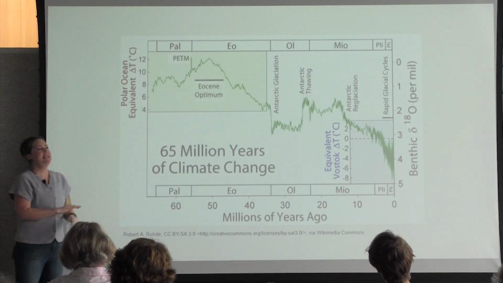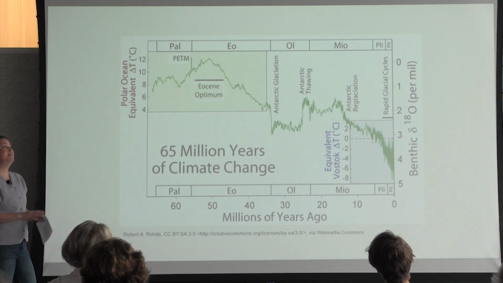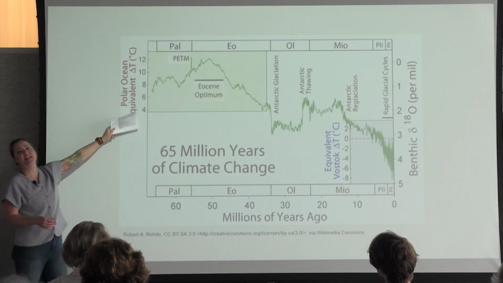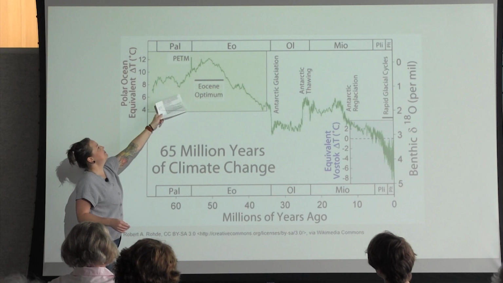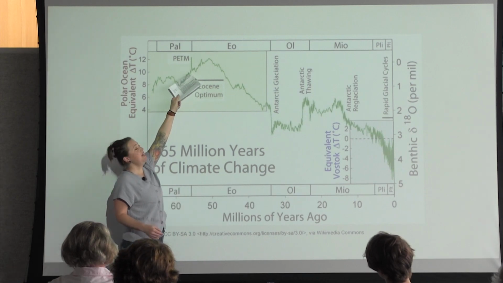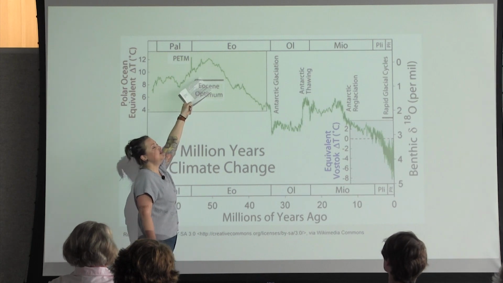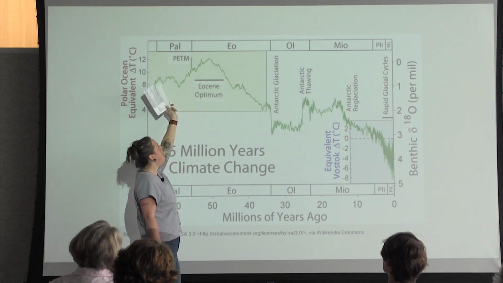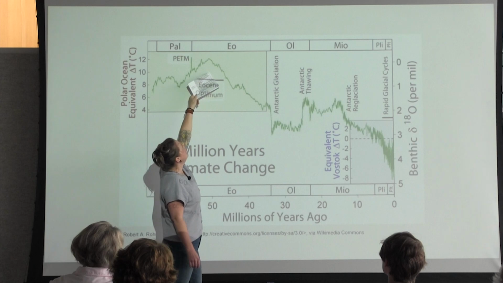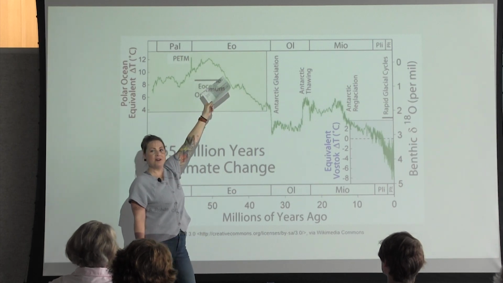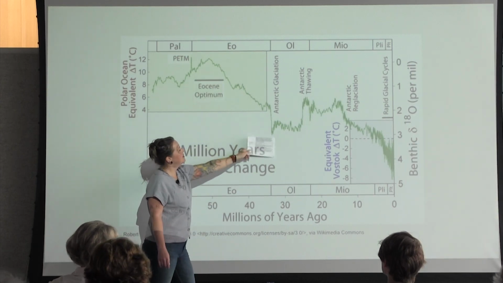We don't think there were any glacial ice sheets, definitely not ice sheets, but probably not even any glaciers in the Cretaceous. So it starts off pretty warm, and then all of a sudden we have this crazy peak right here, the PETM. And then the Eocene, early Eocene climatic optimum, yes. And then right there though, that's kind of the end of our hothouse world. And it starts to decline.